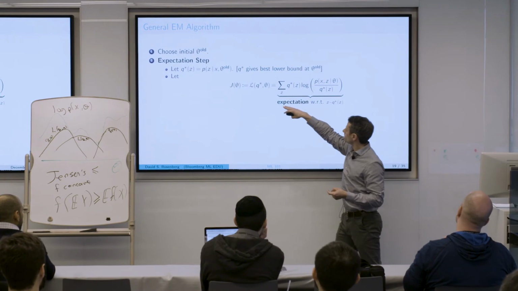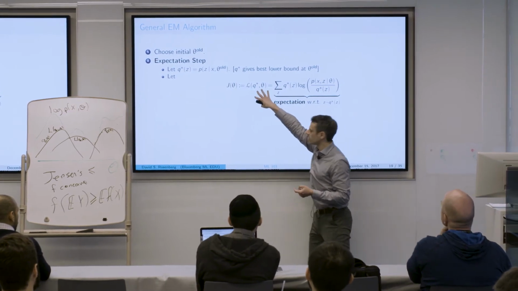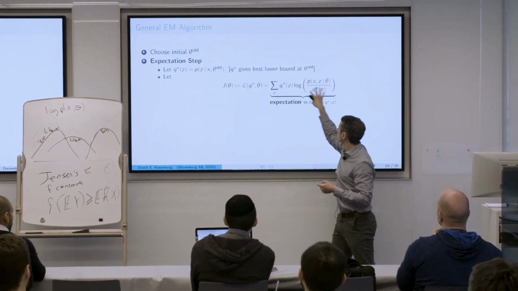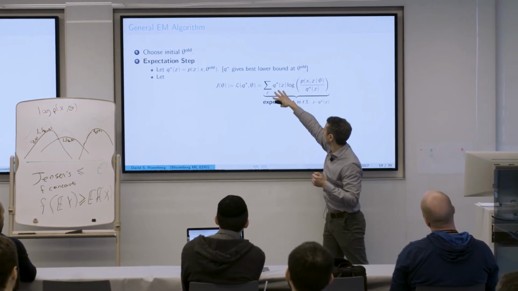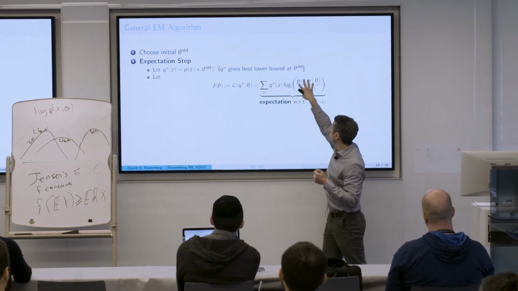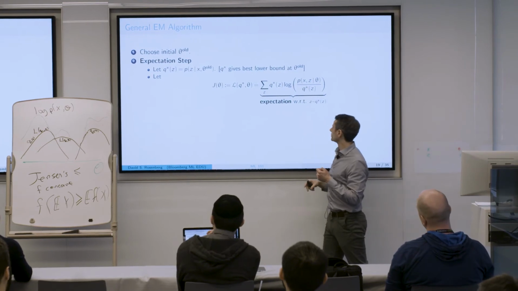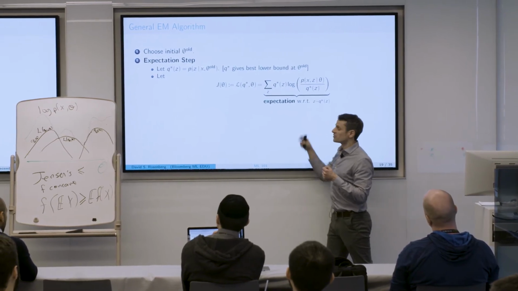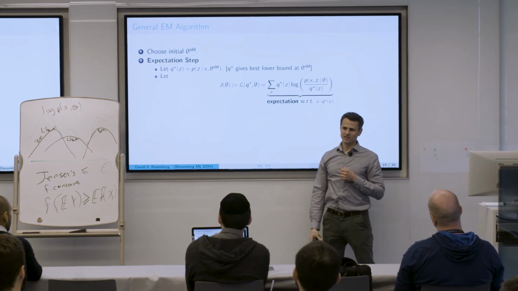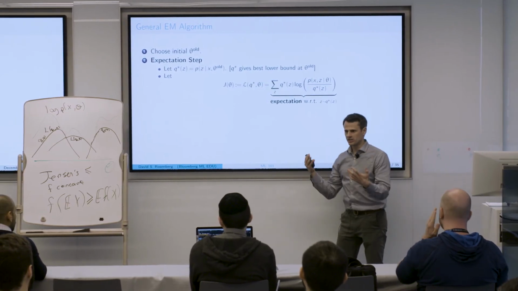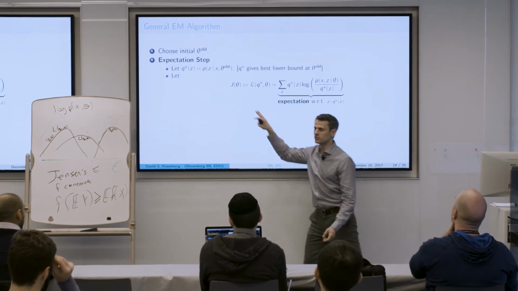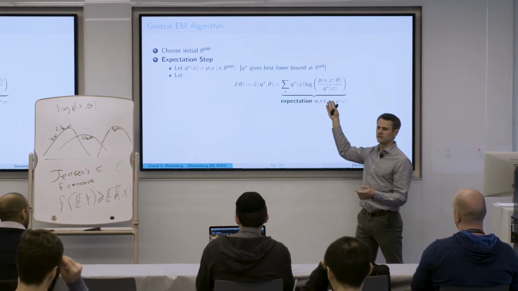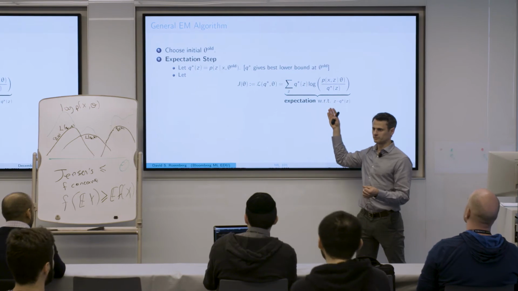Expanding the definition of L, this is an expectation with respect to this distribution on Z of this term, this factor. So this is why it's called the expectation step. As we set up the objective function for the next step, which is where we're going to maximize this over theta for fixed Q, there's an expectation inherent in this objective function.